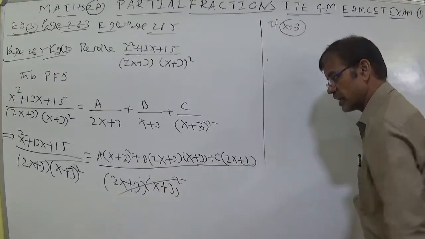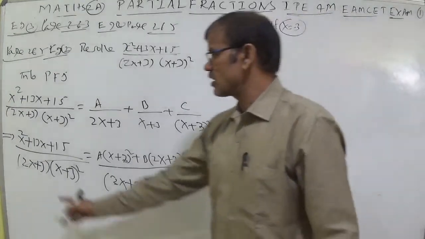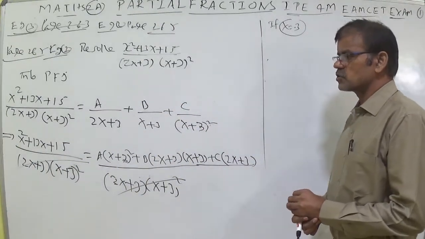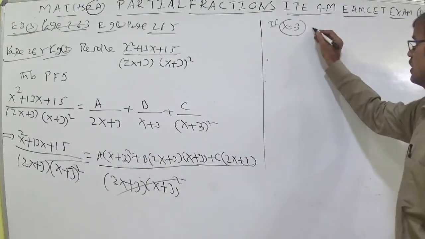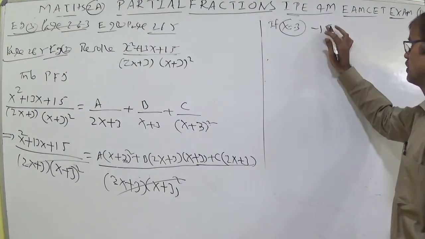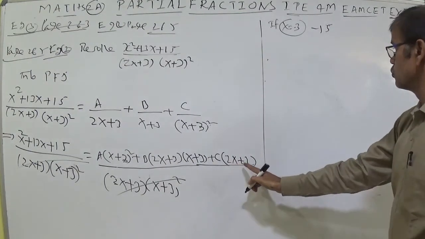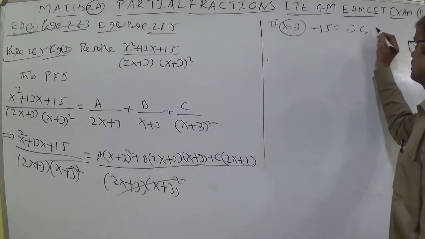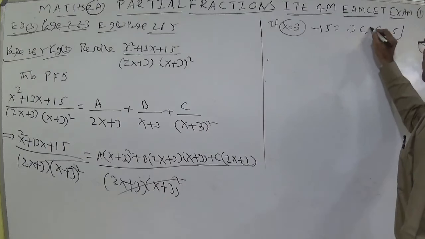Here 9 - 39 + 15 = -15, and 2 into -3 is -6, plus 3 is -3. So -15 = -3C, therefore C = 5.